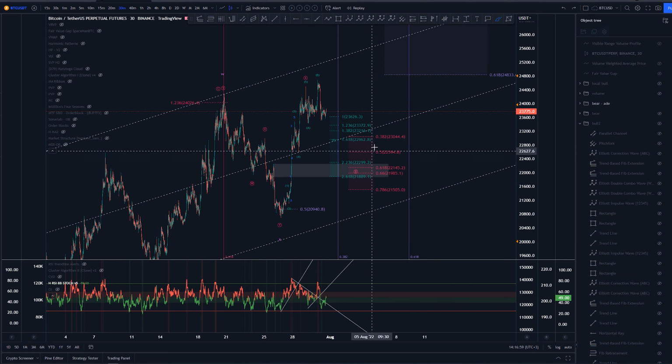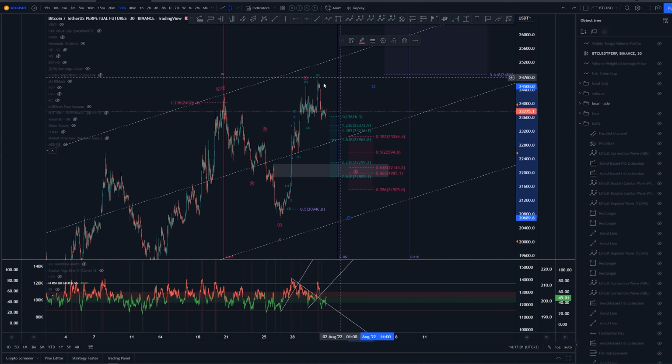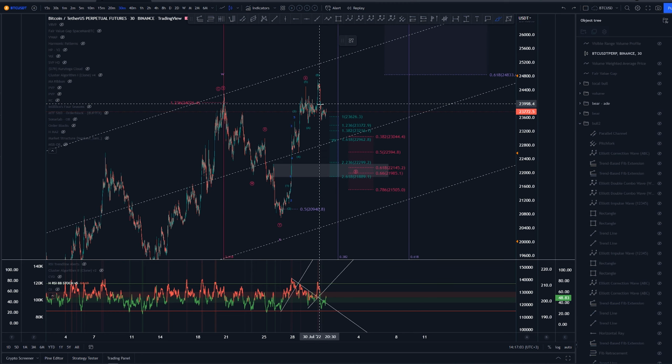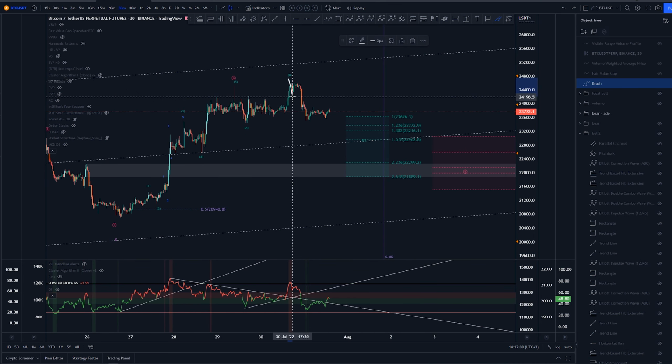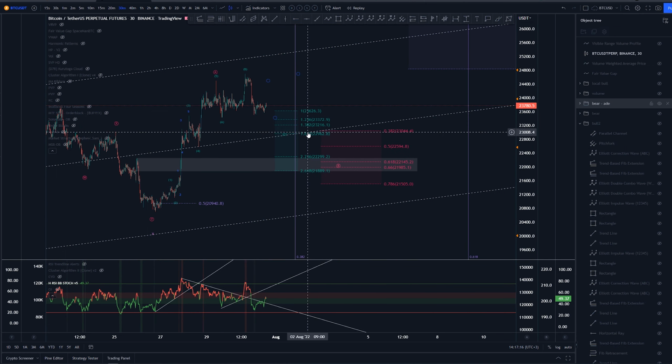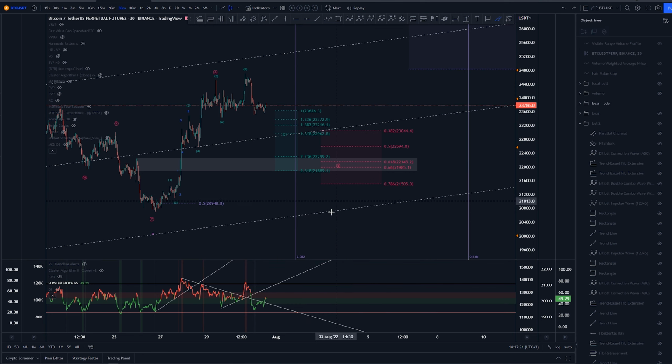The 38.2 retracement, which is the minimum we want to see for a retracement, as we have here as an expanding diagonal. It is possible that we have created a 1 2 1 2 setup here, 3 4 5, so overall 1 2 3, and looking for wave 4 and 5. At that point again, the target 1.618 would be here, which would be lining up with the 38.2.